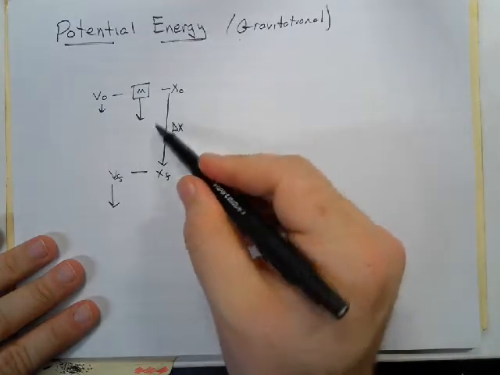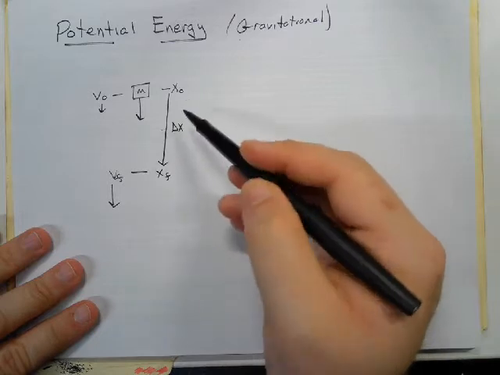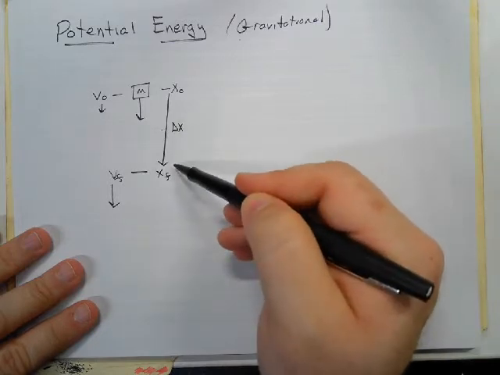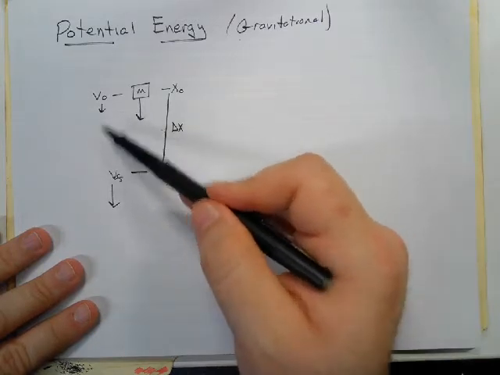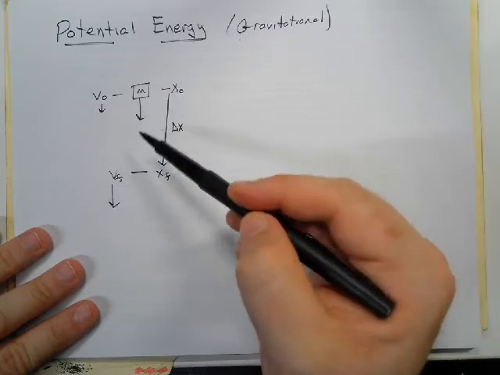So we'll take a falling object, and it starts at some initial point and goes to some final point. So I've drawn in delta x here, and it'll have some initial velocity and some final velocity, and it'll have some mass, and it's going to be a falling object.